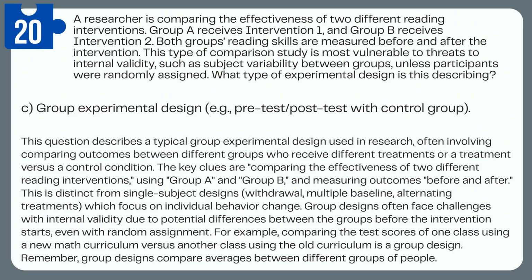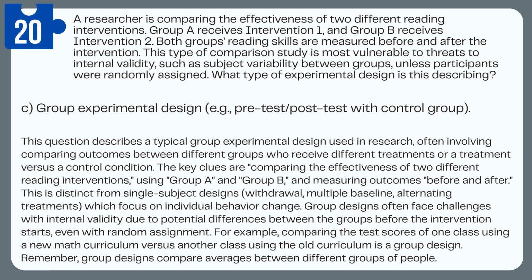Answer C. Group experimental design, example pre-test/post-test with control group. This question describes a typical group experimental design used in research, often involving comparing outcomes between different groups who receive different treatments, or treatment versus a control condition.